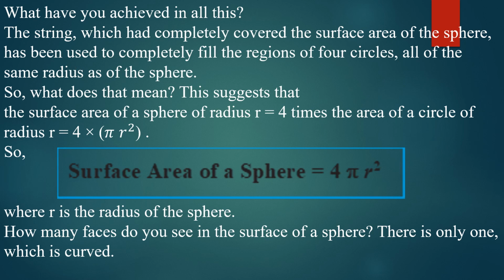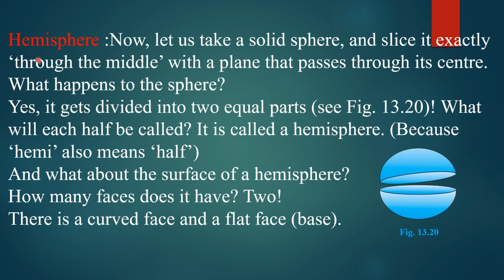In this slide, we are going to discuss hemisphere. Now, let us take a solid sphere and slice it exactly through the middle with a plane that passes through the center of the sphere. What happens to the sphere? Yes, it gets divided into 2 equal parts. See the figure 13.20.